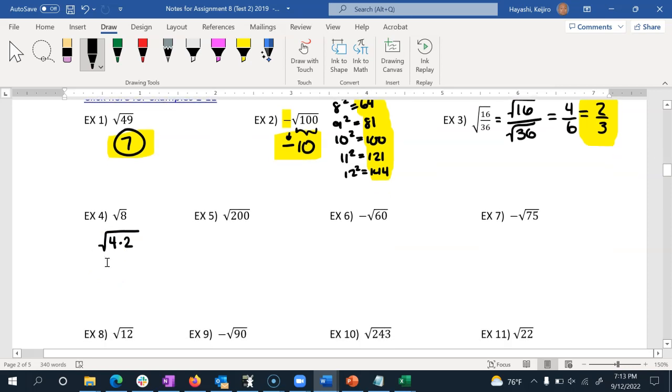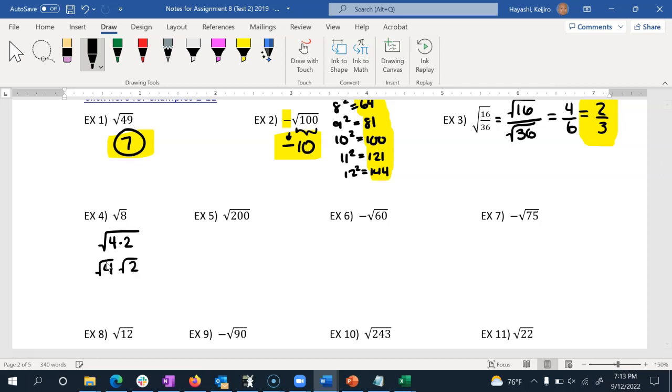So the square root of 4 times 2 is equal to the square root of 4 times the square root of 2. And this is the reason that we wanted one of the factors to be a square number, so that we could simplify it in this way.